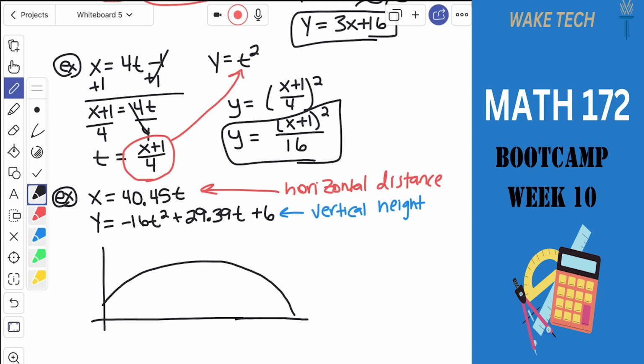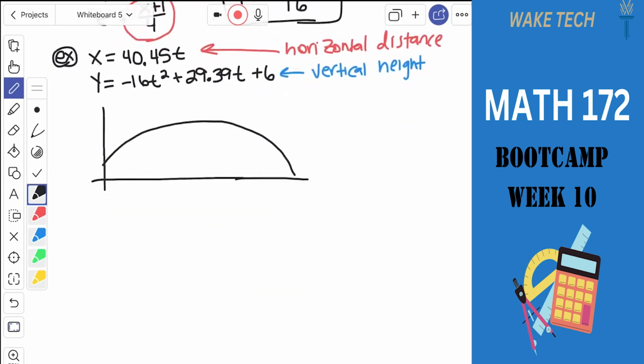We're not going to talk about anything specific to 172 when we go through these 6 parts. So for part A, the question asks, how high is the ball when it's thrown? Anytime you see the word height, that's the key word, it says go use the y equation.